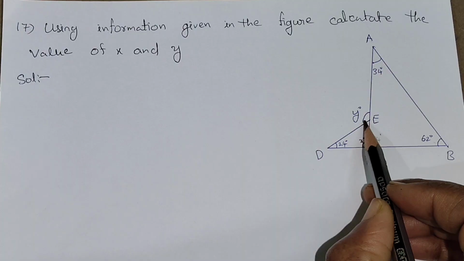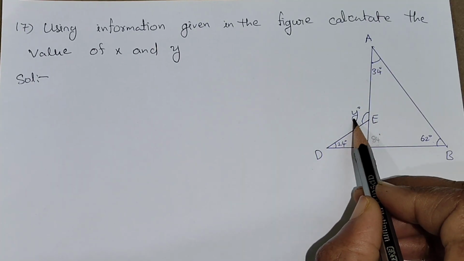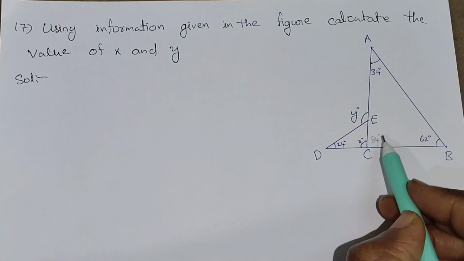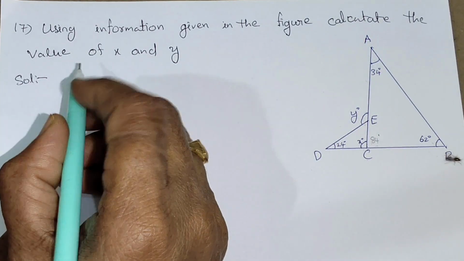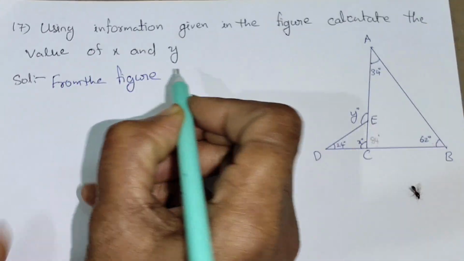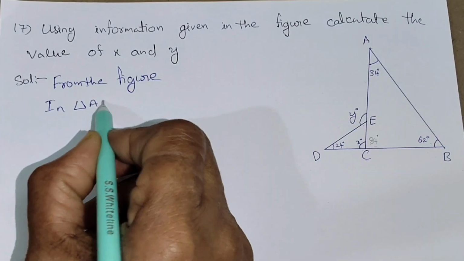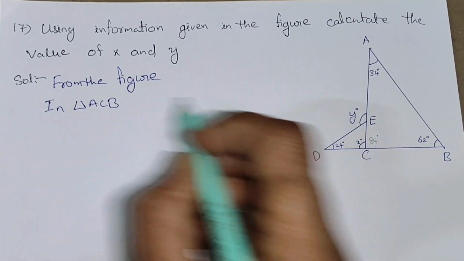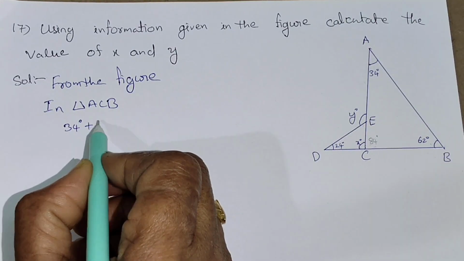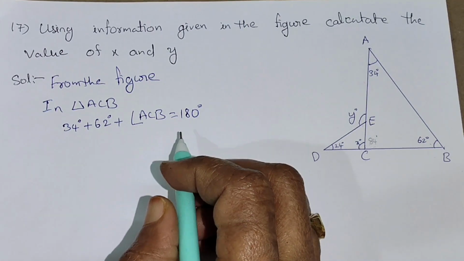Next, y is the exterior angle of triangle DCE. The sum of the interior angles is equal to the exterior angle, so we find the y value. First we find this angle. We write the given data. From the figure, in triangle ACB, the sum of the three angles, 34 degrees plus 62 degrees plus angle ACB, equals 180 degrees.